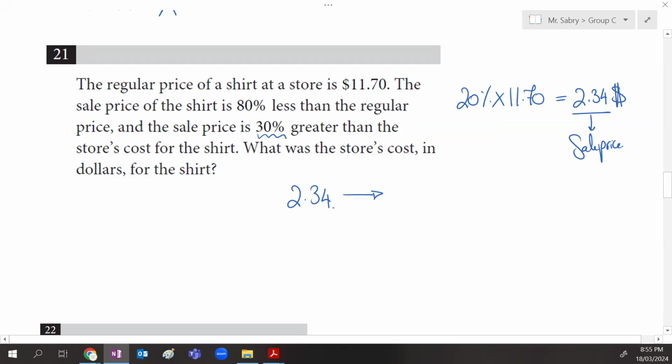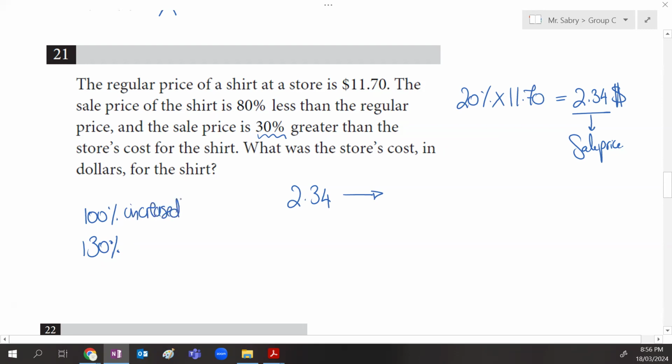I'm going to add 30%. Not just that, no. The price right now of an item is considered 100%. When I add 30%, then the new price after the addition will become 130% of the old price. Does that make sense?